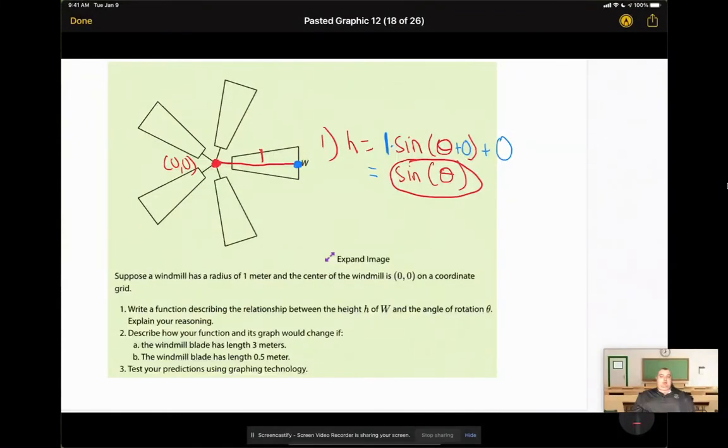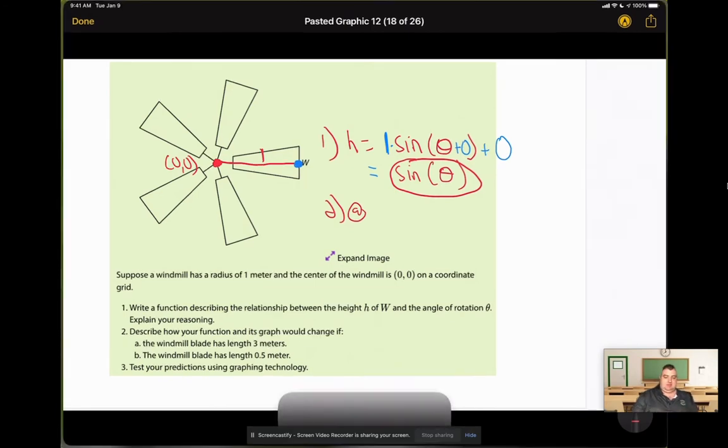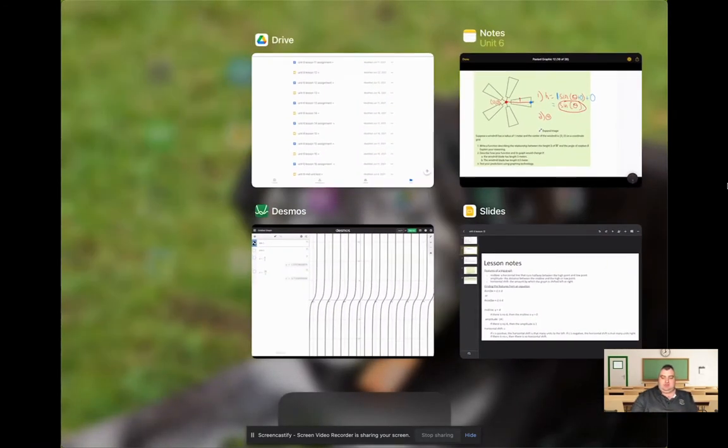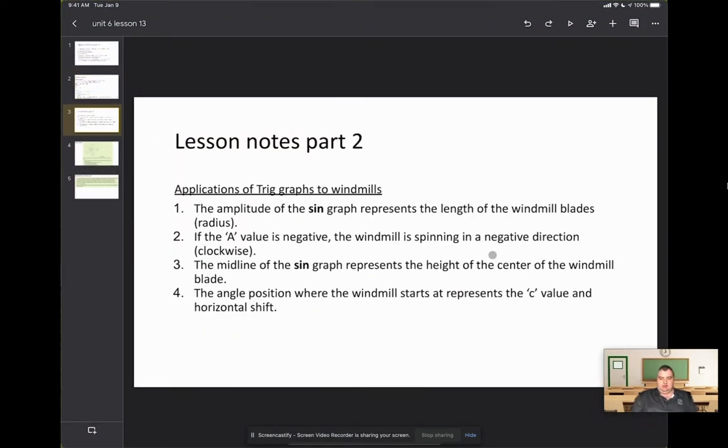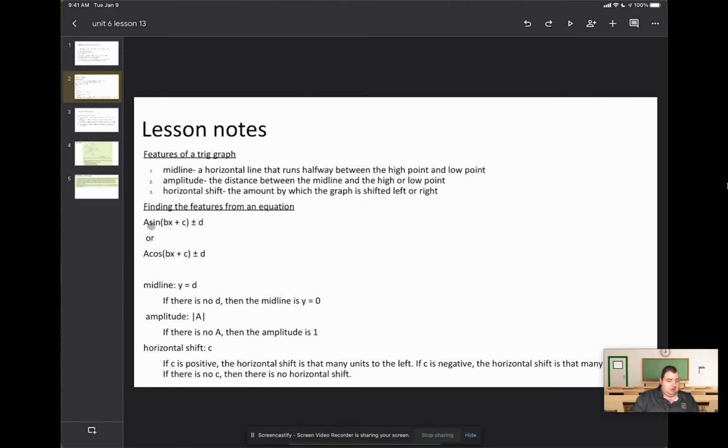Okay. Number 2, describe how your function and its graph would change if the windmill blade has a length of 3 meters. If it had a length of 3 meters, that would mean the radius would be 3, which means the amplitude would be 3, which means the A value would be 3.